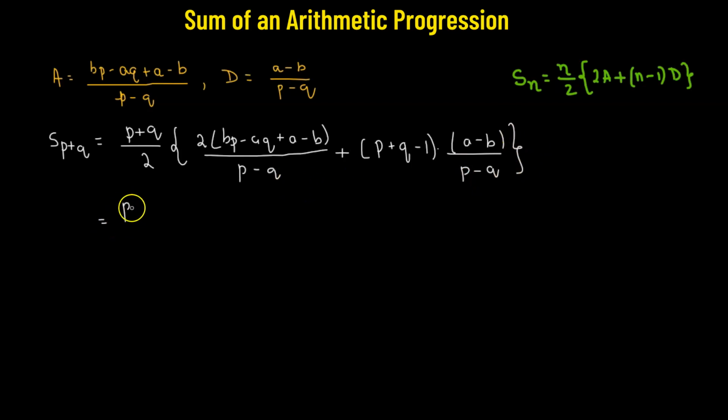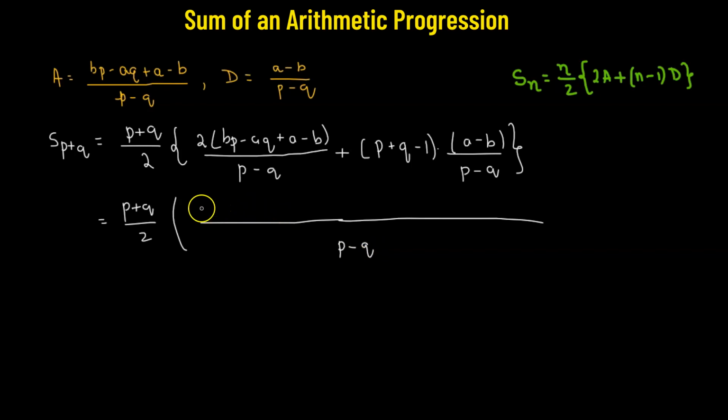We'll get p plus q divided by 2 multiplied by, combining the two terms within the parentheses, a common denominator of p minus q. In the numerator we have 2 times bp minus 2 times aq plus 2 times a minus 2 times b, plus we multiply p plus q minus 1 with a minus b.